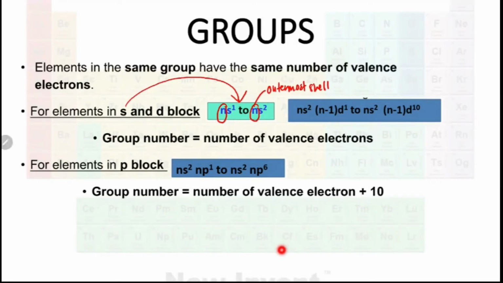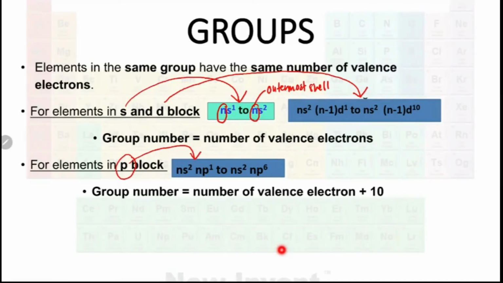For the d block, the valence electrons lie in the ns and (n minus 1)d orbitals, from (n minus 1)d1 until (n minus 1)d10. For the p block, your valence electrons are in orbitals ns and np.